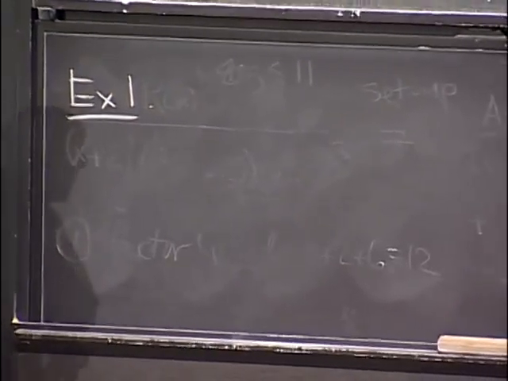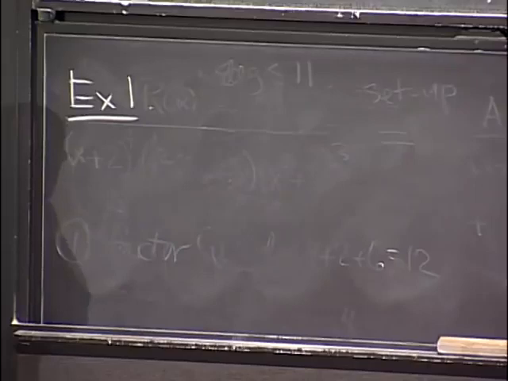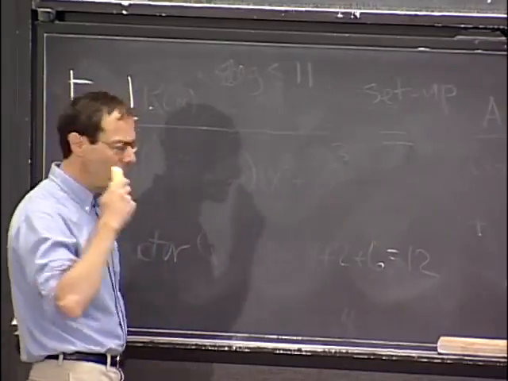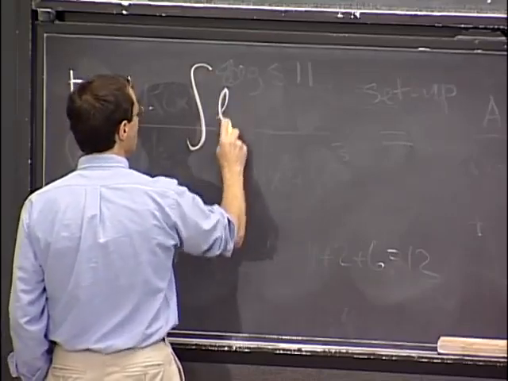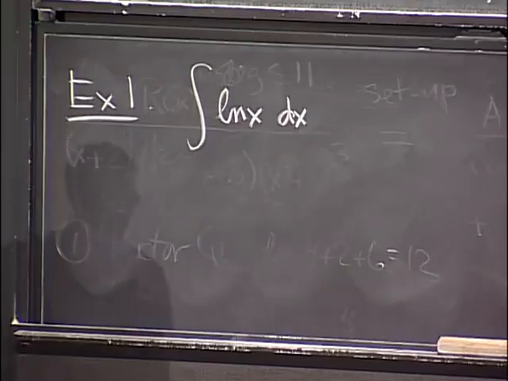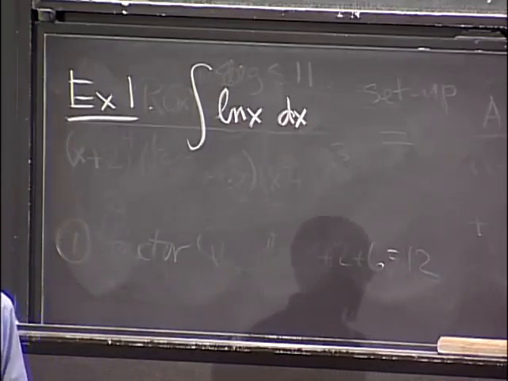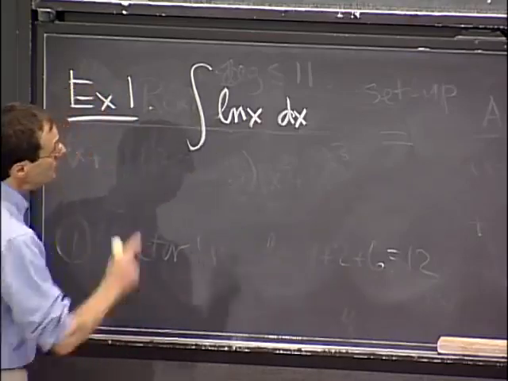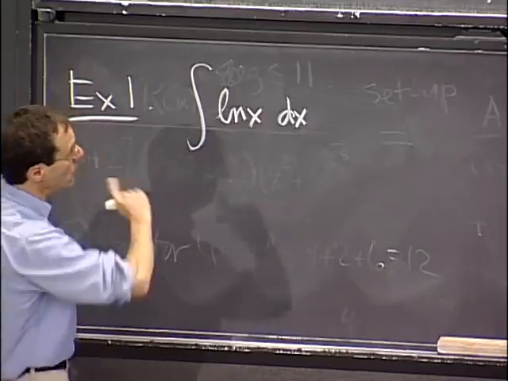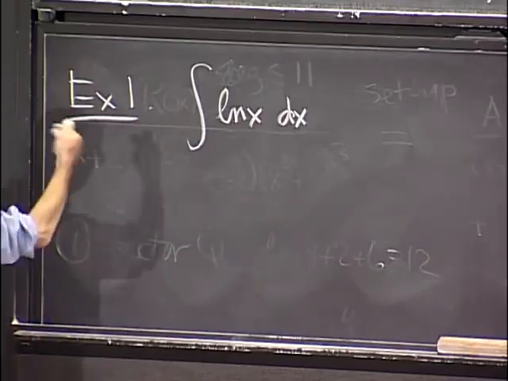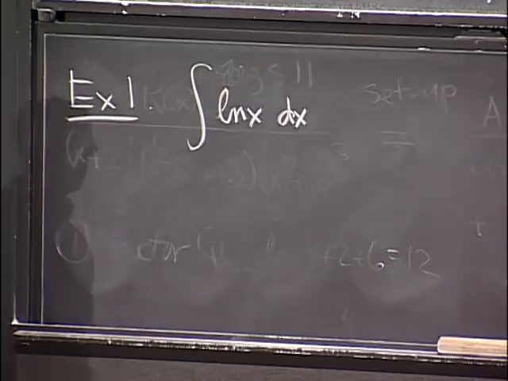The first example that I'm going to take is one that looks intractable on the face of it, which is the integral of log x dx. Now, it looks like there's nothing we can do with this, and we don't know what the solution is. However, I claim that if we fit it into this form, we can figure out what the integral is relatively easily by some little magic of cancellation that happens.